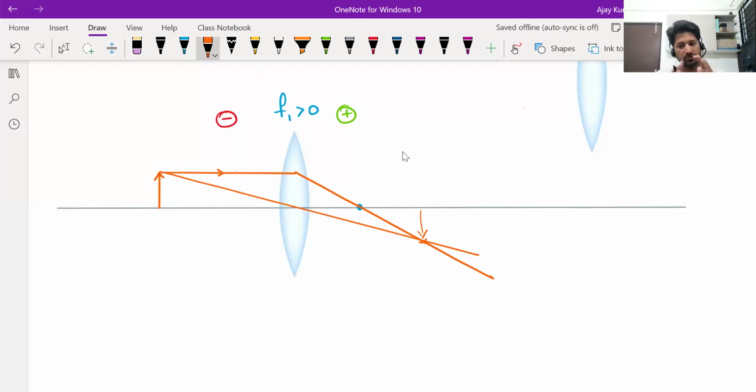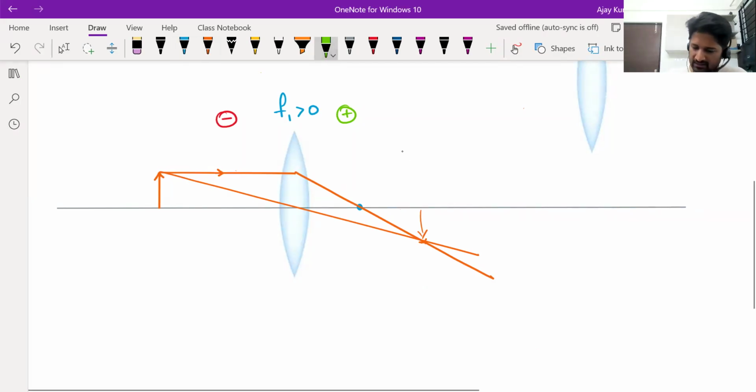As object tends to infinity, image tends to focus. But how can we draw the ray diagram for such an object? See, you'll again take two rays. That's fine. One ray will be taken parallel to the principal axis. It will pass through the focus.